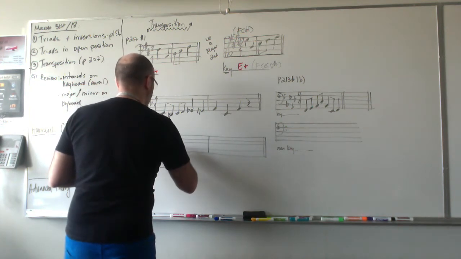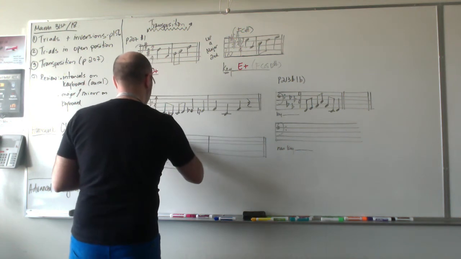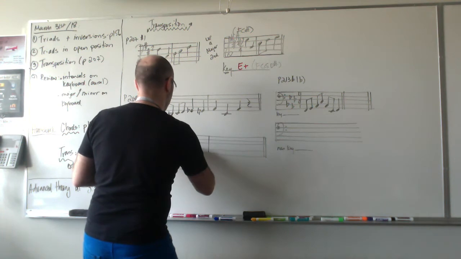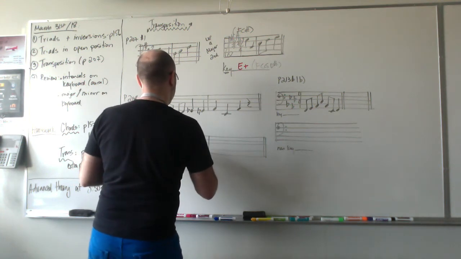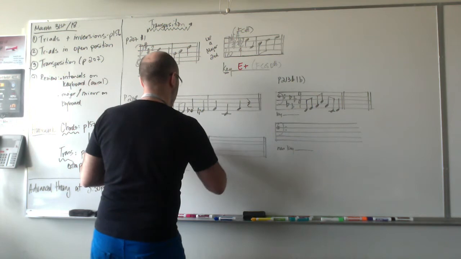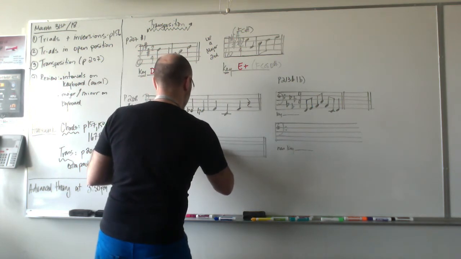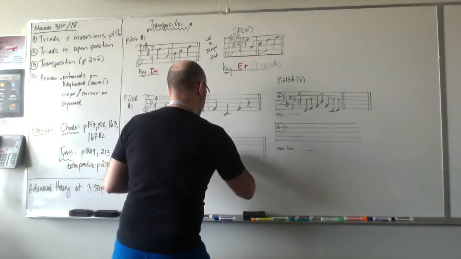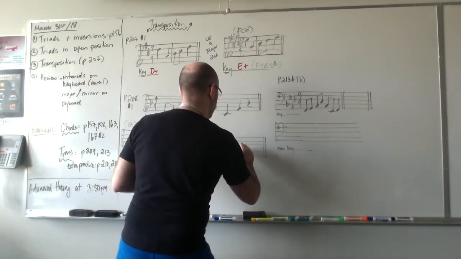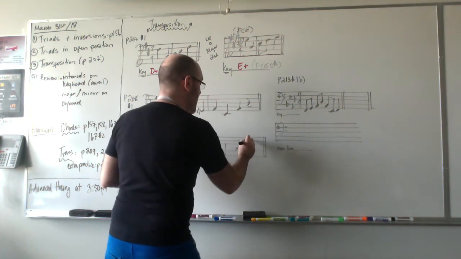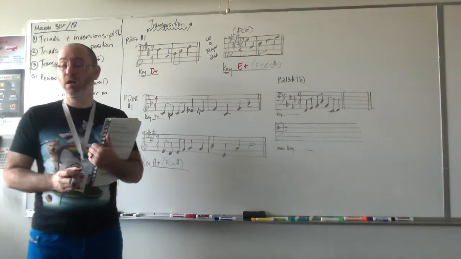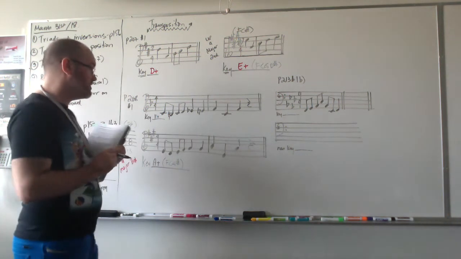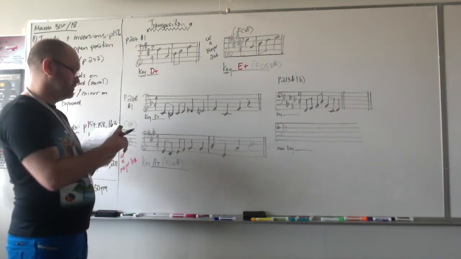So we've got this, we've got this, they're eighth notes, we've got this, this, we've got this, we've got this again, and then we've got that note, that note, that note, and you have to draw the rest as well. Everything that they put, you have to put in as well. Okay.